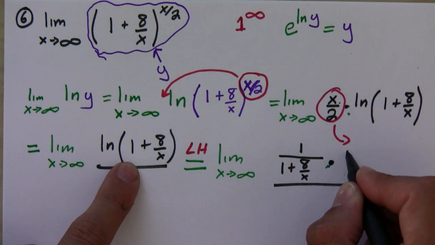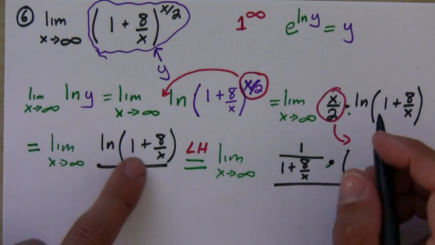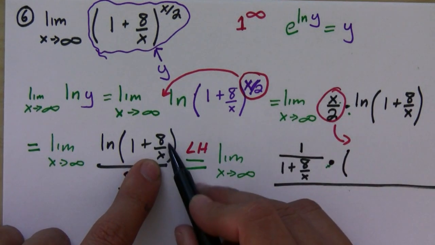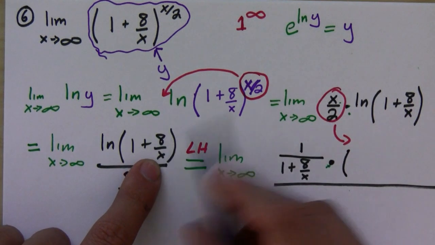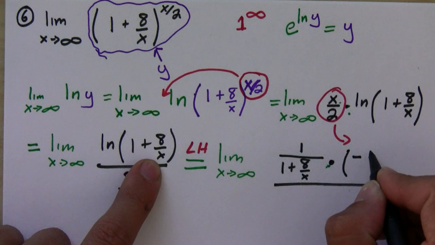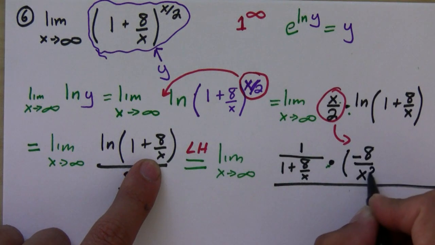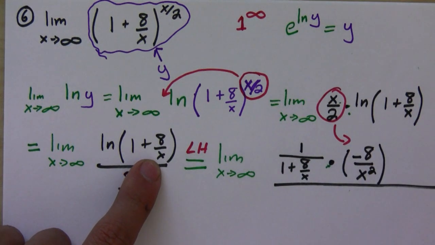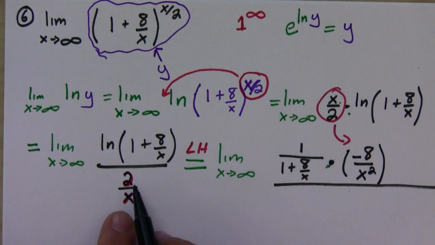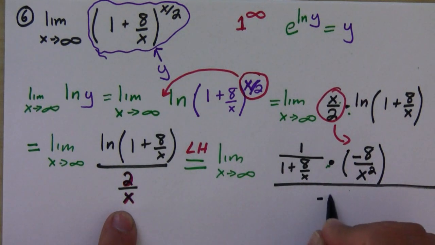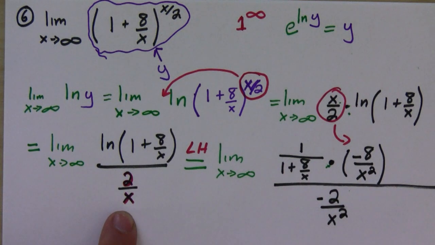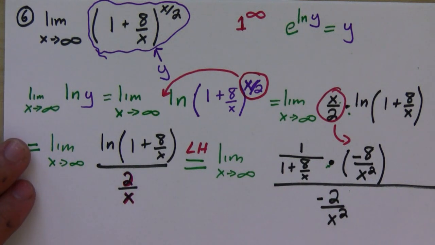Well, the derivative of the inside is simply, if you bring the x to the top, 8x to the negative 1, so this is going to be negative 8 over x squared. And then the derivative of the bottom is going to be negative 2 over x squared. Okay, so then let's do a little simplifying here.